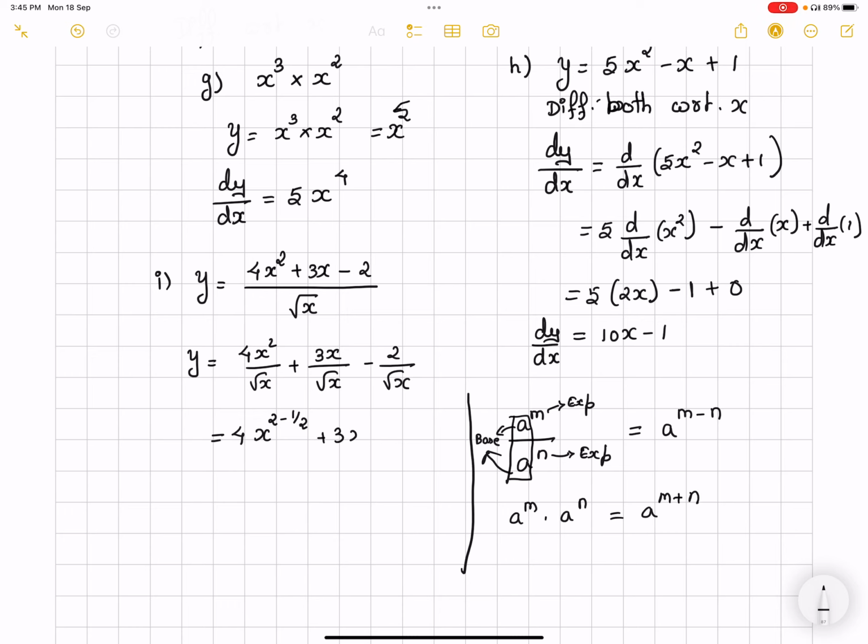Plus 3x raised to the power 1 minus half. Minus 2, we have x. If nothing is there, it is x to the power 0. So let me just write it as x raised to the power minus half, because I told you how this one works. That also I will just write here: 1 by x to the power n is nothing but x raised to the power of minus n.